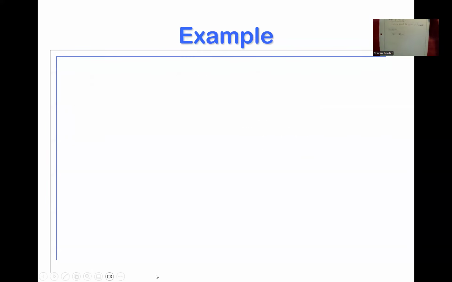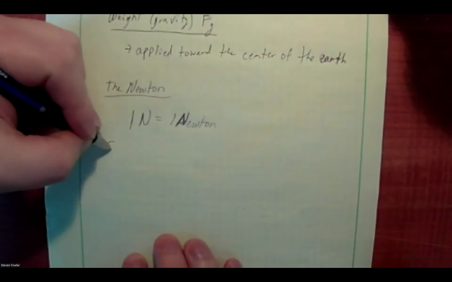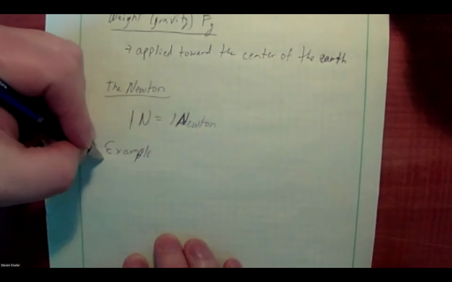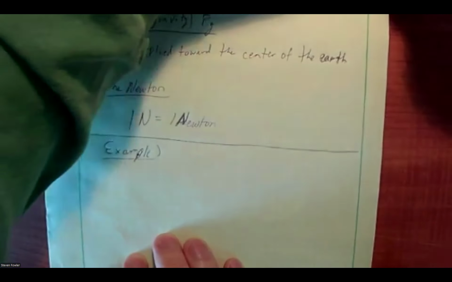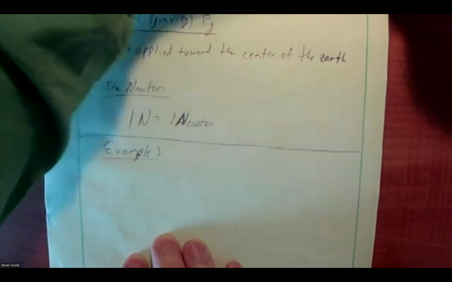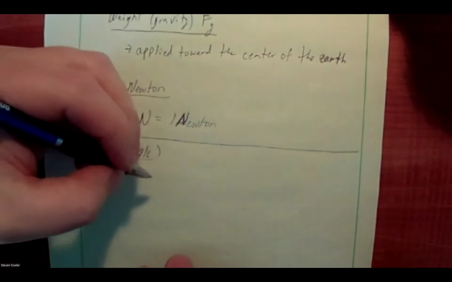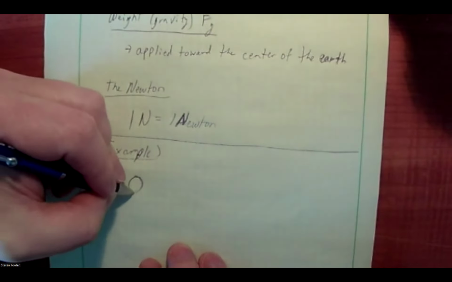Okay, so I've got an example here. Let me get it pulled up here. So an example here. Let's just simply say that I've got some random object here.